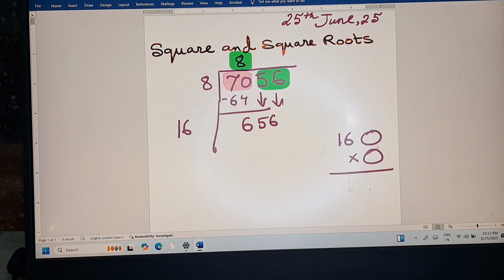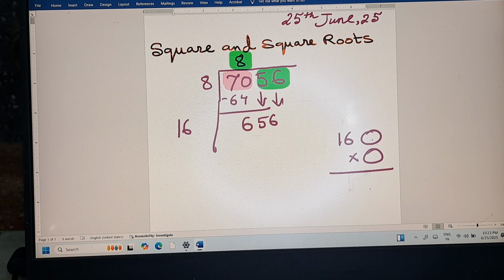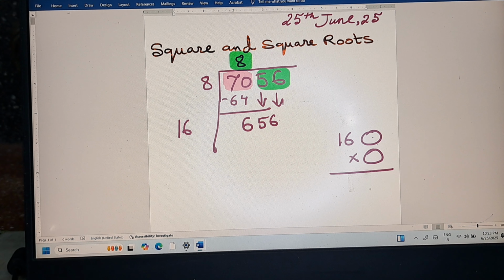It's very simple. Both the numbers put over here will be the same. Suppose I put 2 into 2, I get 4. No. So let us go with 3 into 3, that is 9. So here the number is 6. Next number is 4 into 4. Let us check, 4 into 4 is 16.